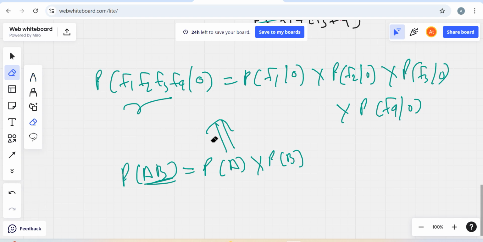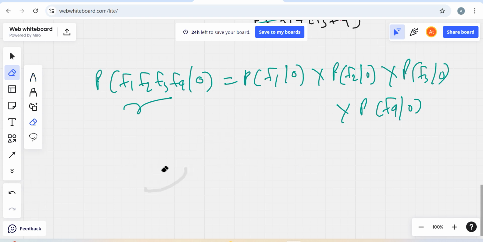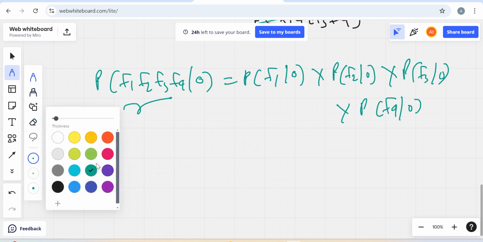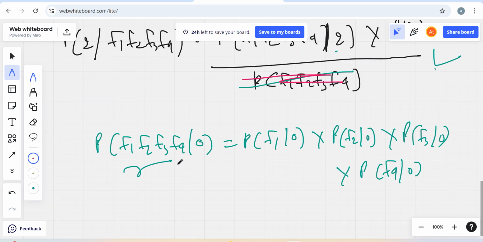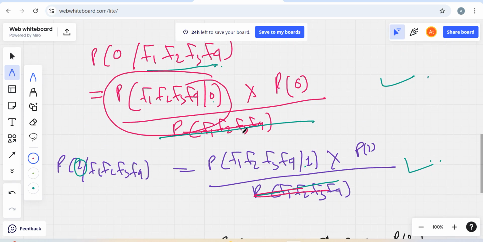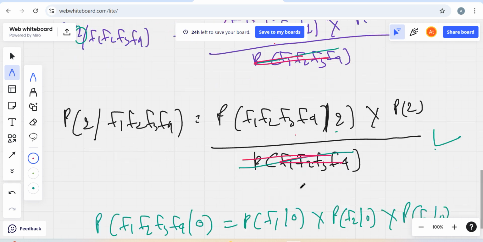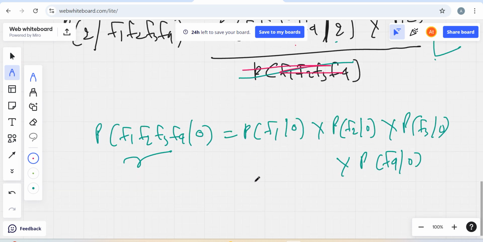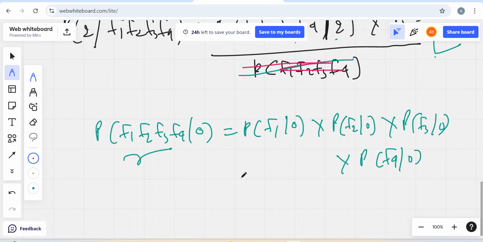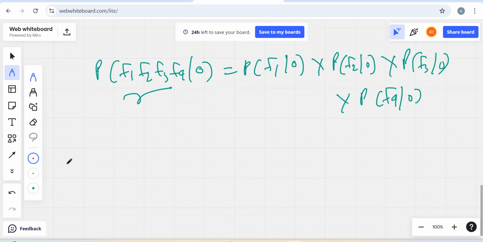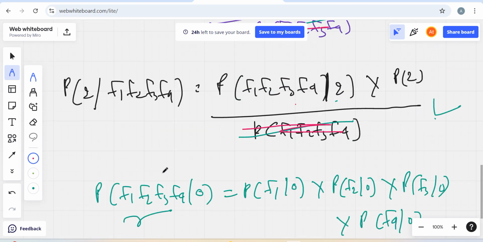Okay, so let me delete this. Now we can open this like this also. Basically, now you can write, if you actually want to calculate probability of 0 for given feature 1, feature 2, feature 3, feature 4, I'm calculating again.